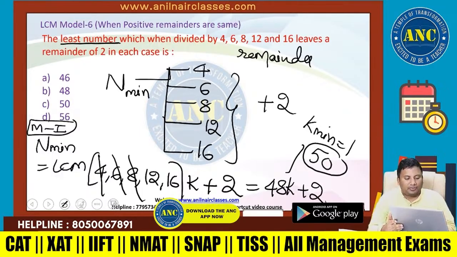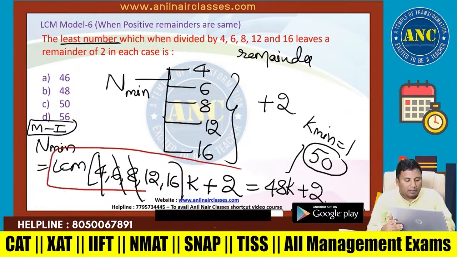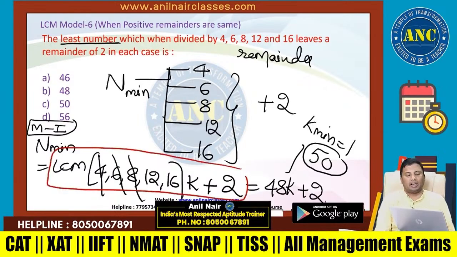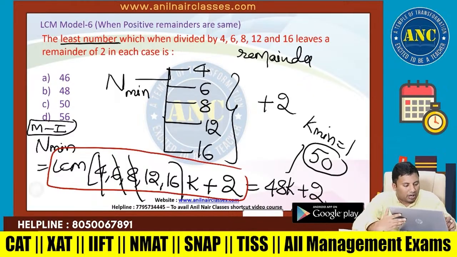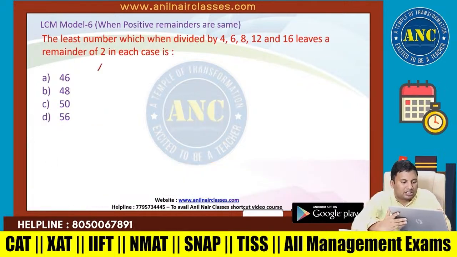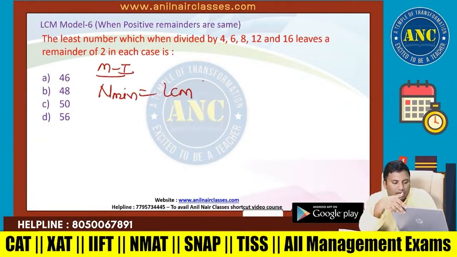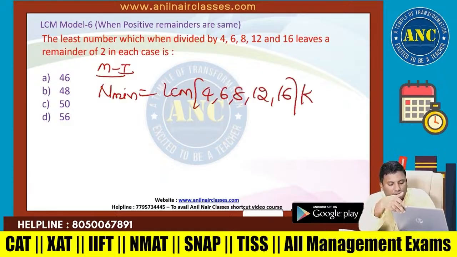That is LCM of all the numbers into quotient plus remainder: LCM of 4, 6, 8, 12, 16 into k plus 2. Method 1. I hope it is clear. Method 1 is very easy, everybody solves these things.